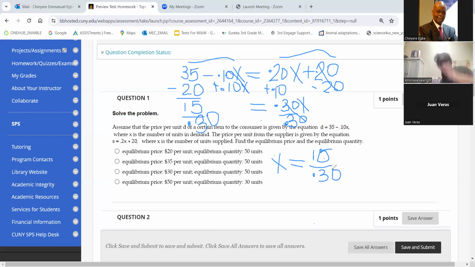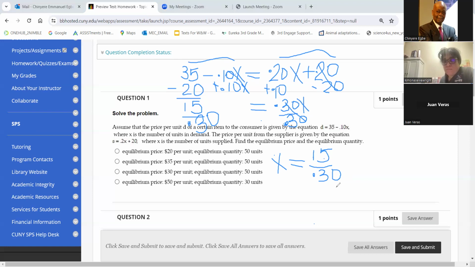Okay. Let me make it clear that that is a 15. So x is now 15 divided by 0.3. So if you divide 15 by 0.3, that's how we got 50. Am I correct? Yes. Okay. So x is 50. All right.